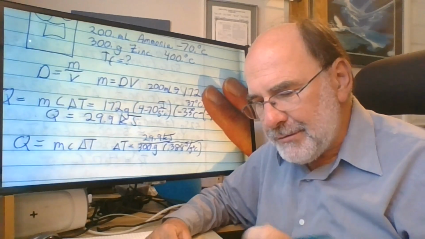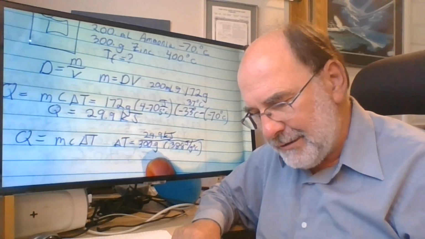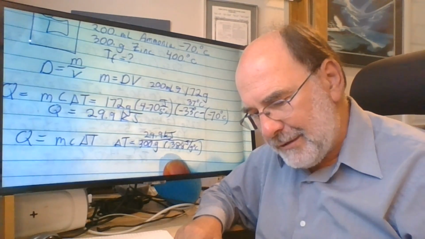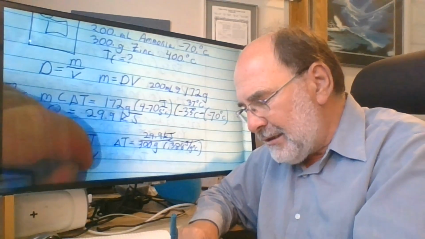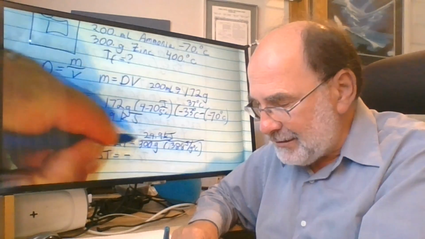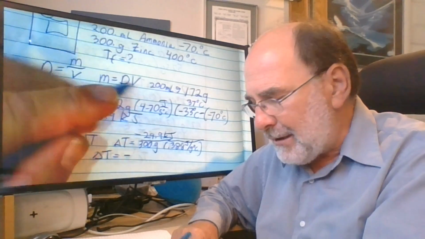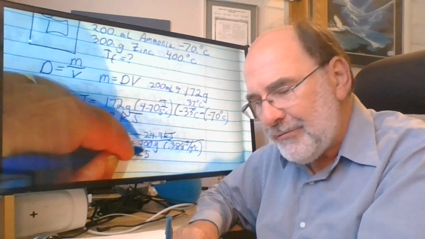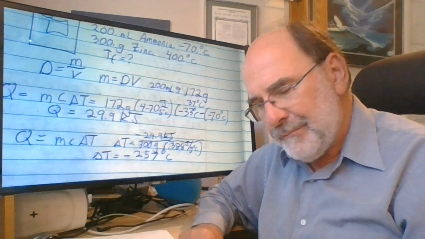So I go divide by 300, divide by 0.388, enter. And it says the temperature is going to drop, because this is how much heat energy I'm taking away. It's going to drop by 257 degrees Celsius.